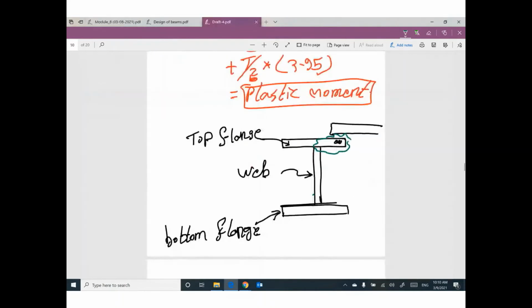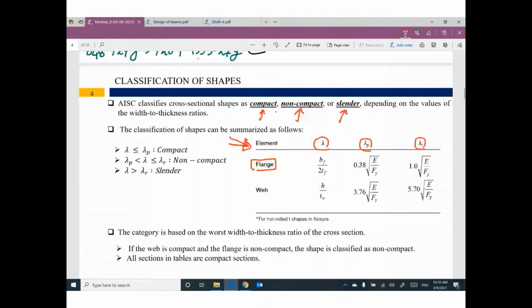Flange means this part or this part. By the way, the flange has something called b flange, which is the width, and t flange, which is the thickness. If you divide b flange by 2 t flange, you can get lambda for this cross section.